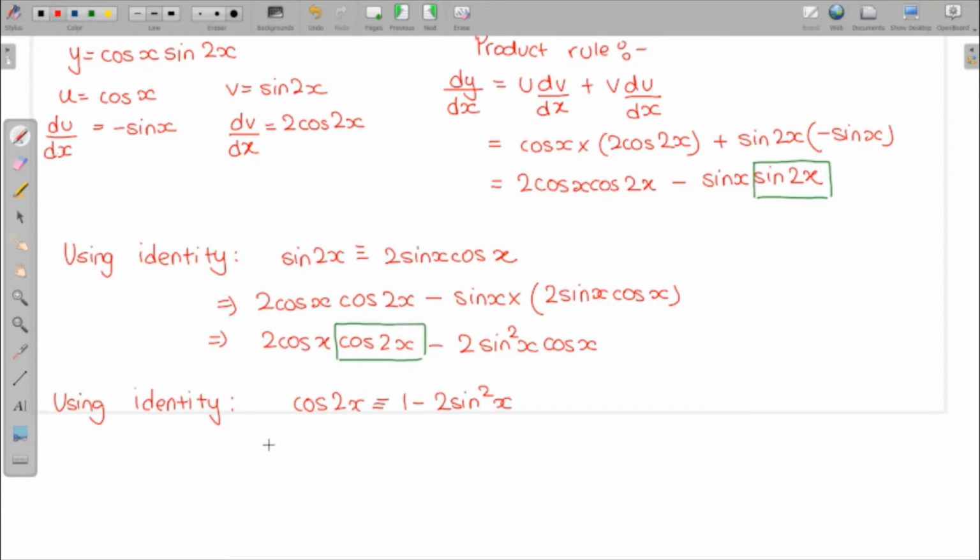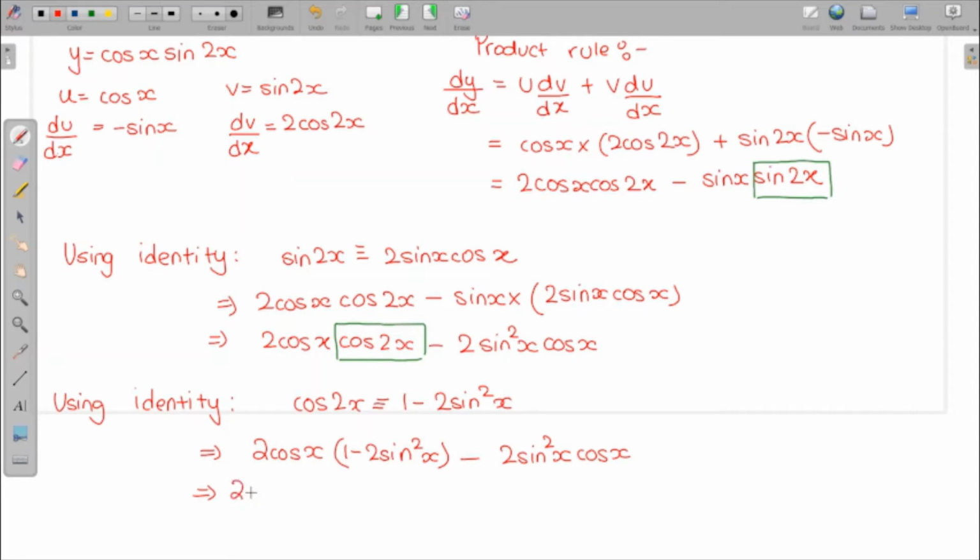So this will become 2 cos x bracket 1 minus 2 sine square x minus 2 sine square x cos x. So now I can open up the bracket.